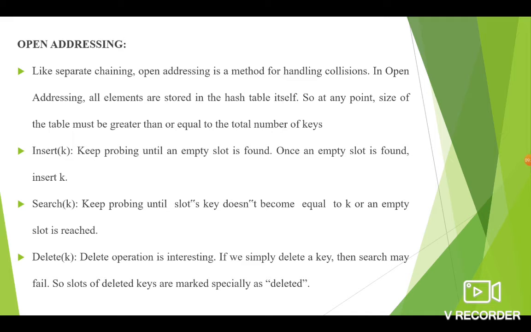Searching, you have to keep probing until the slot's key matches k or an empty slot is reached. In order to delete an element from the hash table, you have to mark the deleted keys as deleted.